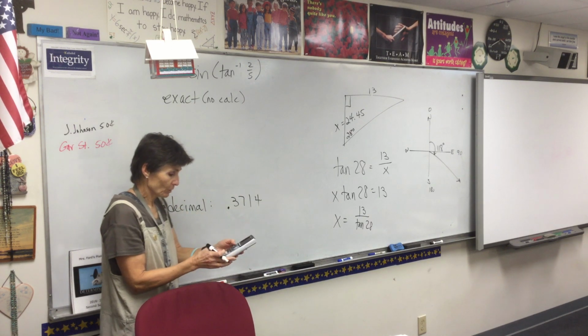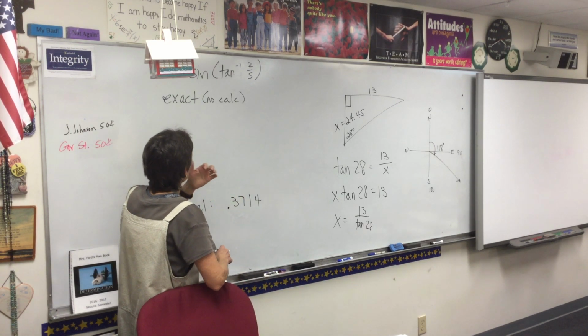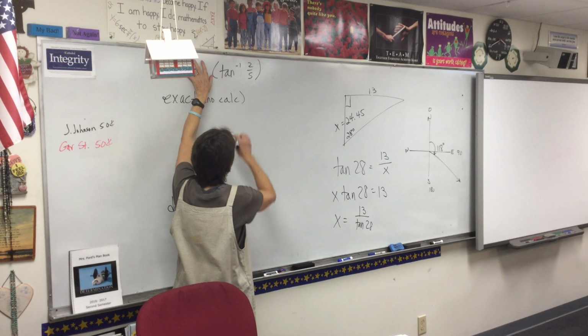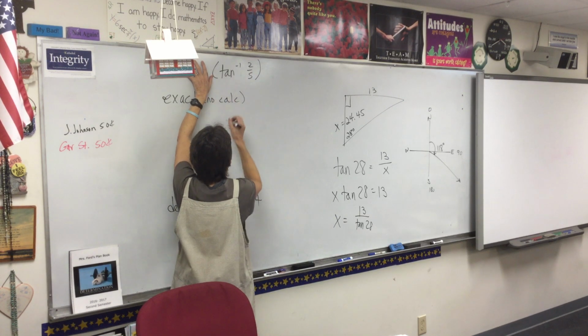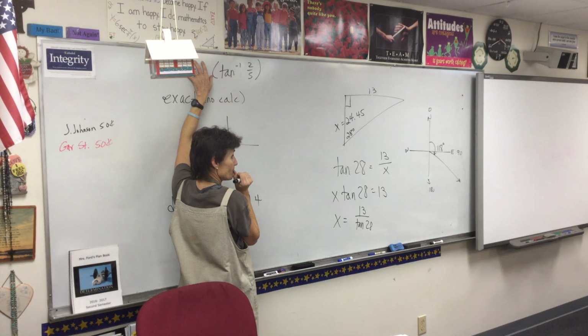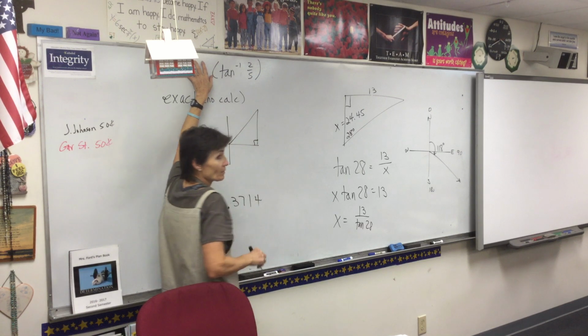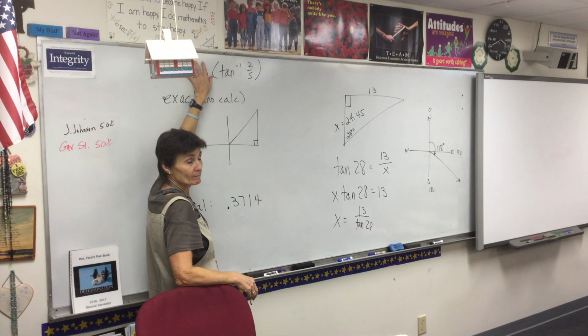Okay? Now we're going to do it exactly. That means without the calculator. So, these are the kind where we draw a picture of that. What quadrant am I going to draw that in? 1. Remember, if I want you to draw it in a different quadrant, I will give you information.